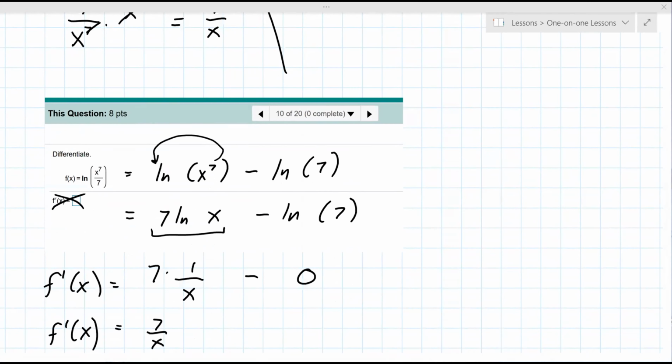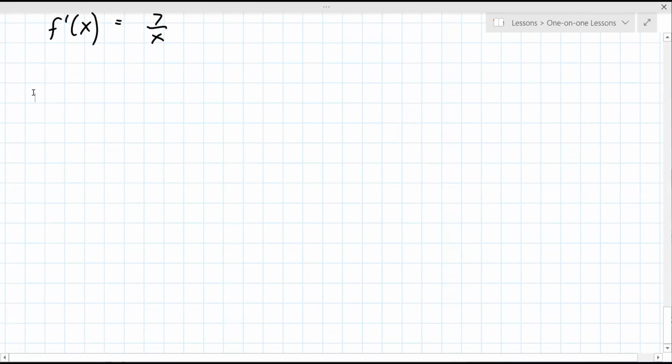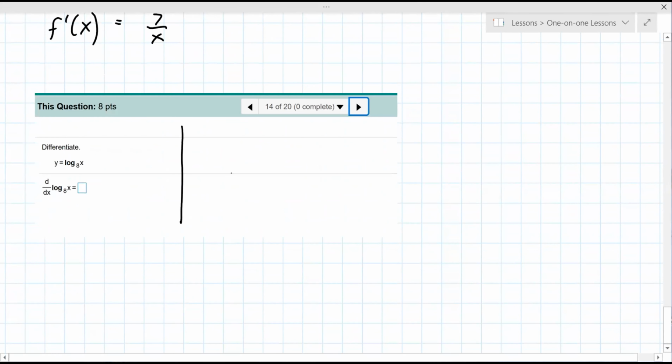Okay. Question 14. 13, 14. Okay, so this is another rule. This will be pretty straightforward to explain. It follows a recipe, and so when you have y equals log base b of x, the derivative is always itself times the natural log of b.